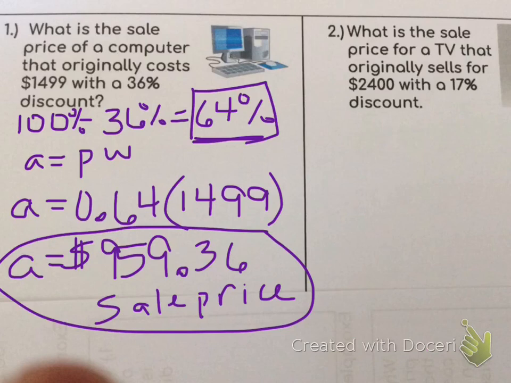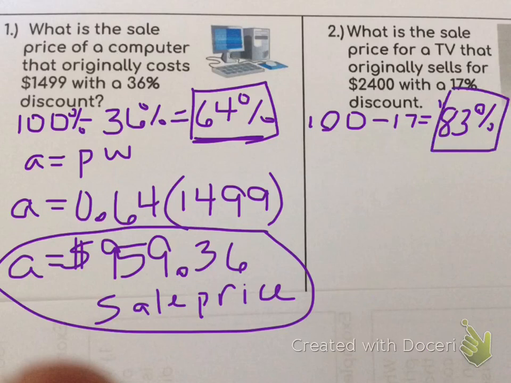Okay, let's try that on number 2. What is the sale price for a TV that originally sells for $2,400 with a 17% discount? Well, if I'm getting 17% off, I am actually paying for 83%. 100 minus 17 is 83%. That's the percent you're paying. So I'm going to use that in my equation.